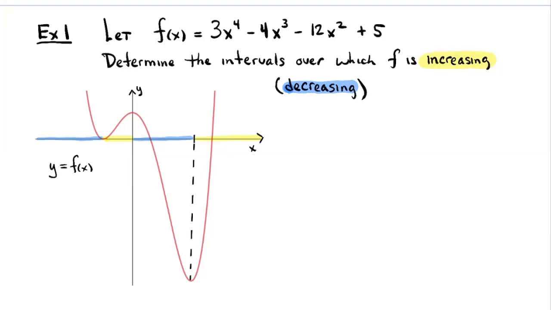So the portions of the curve over the parts of the x-axis that I've highlighted in yellow have that property. Those are the intervals that x moved through in the increasing direction for which the y-coordinate was getting bigger. And you can see that on the graph, right? The y-coordinate is getting bigger on this portion of the graph, and on this portion as the input increases.